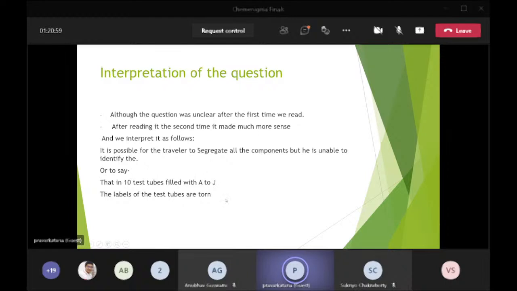Please point it out if it is a wrong interpretation. Like there are 10 test tubes, A to J. The labels of the test tubes are torn or not visible. So we have to identify what's in the test tubes, but we can segregate them. Is this the correct interpretation? Okay, I'll just proceed.